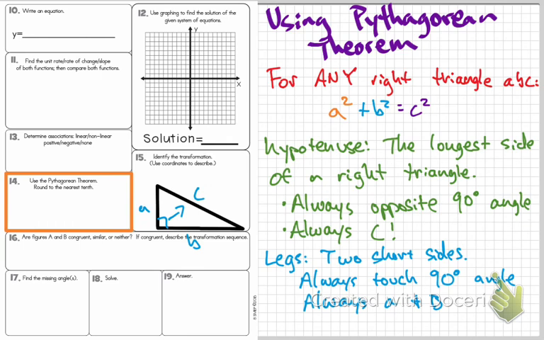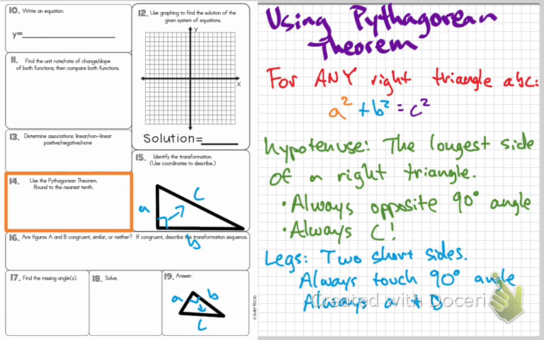Now let's look at another example here of a triangle. So here's a different example of a triangle, but our rules stay the same, right? C is always across or opposite of where the 90-degree angle is at, and A and B are the two shorter sides. Again, A and B can be interchangeable.